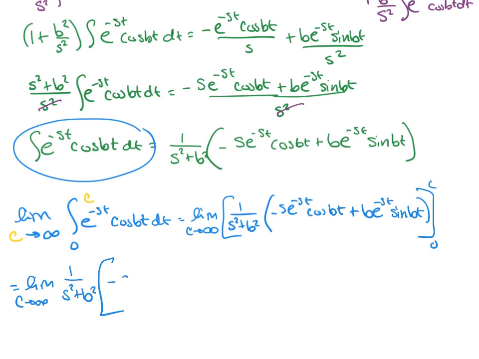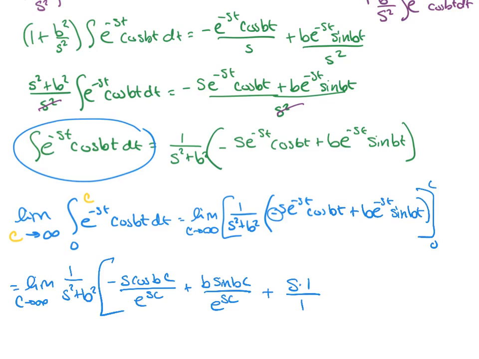So we have negative s cosine bc over e to the sc plus b sine bc over e to the sc, minus, well, actually minus a negative, so plus, e to the 0 is 1, so s times 1, and cosine of 0 is 1.